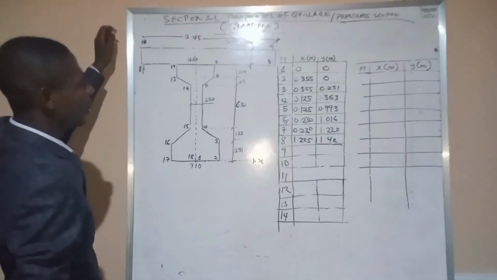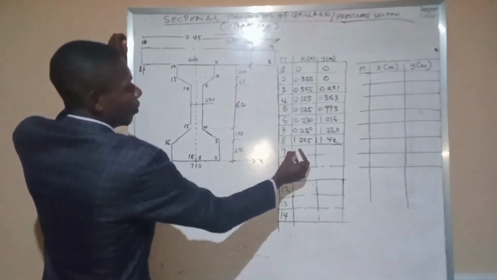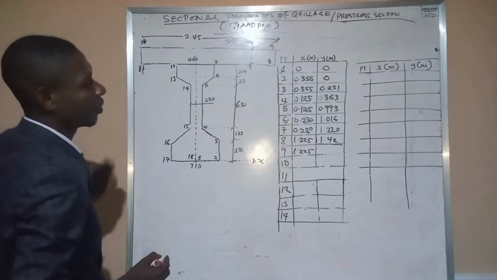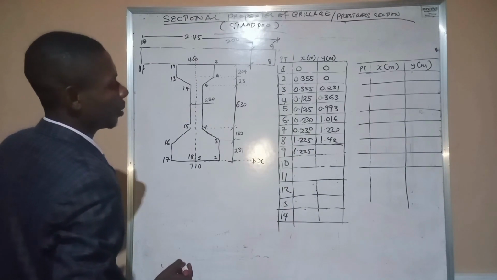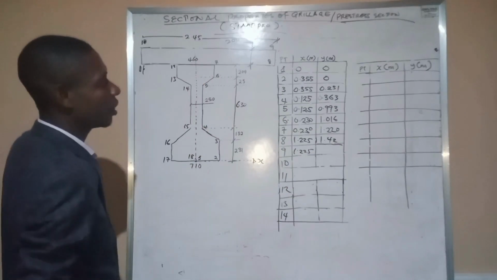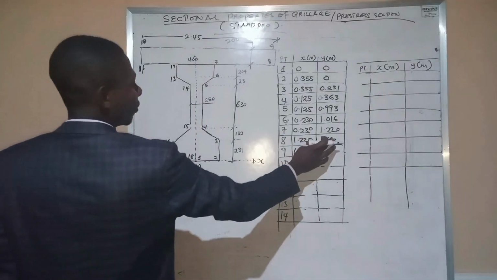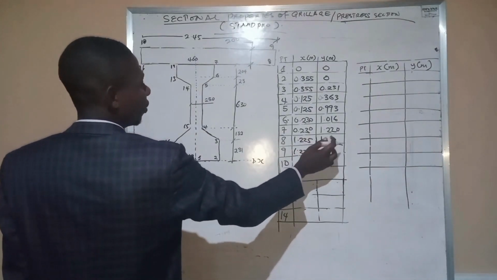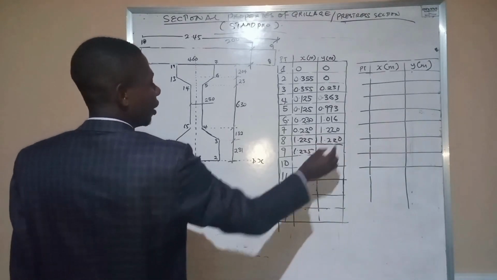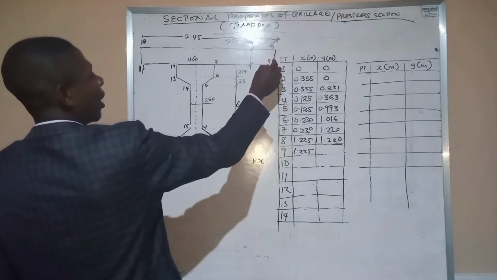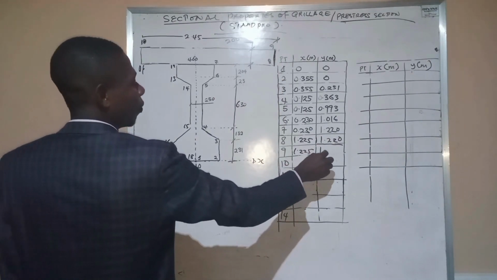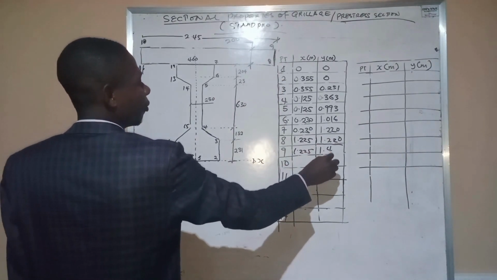Okay, now point 9 becomes 1.225, but at point 8, we still maintain the same y coordinate as point 7, so we can still have this to be 220. At point 9, we're going to have 200, so we'll now have 1.420.